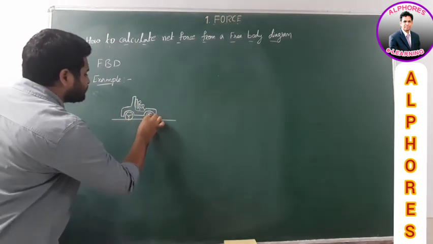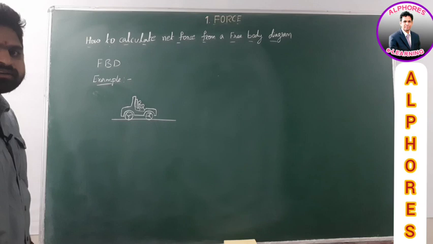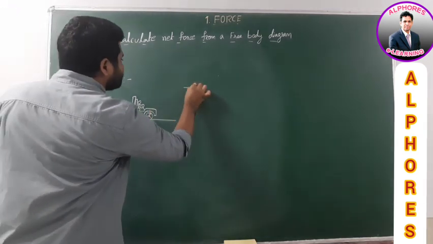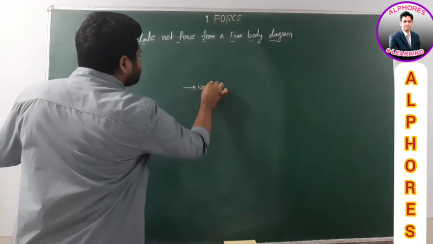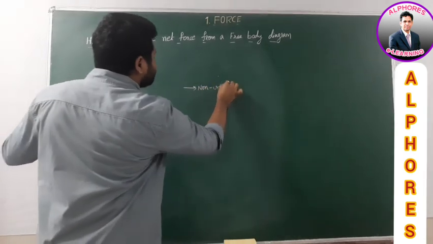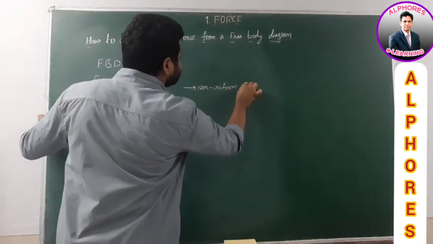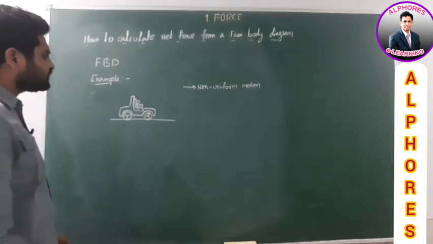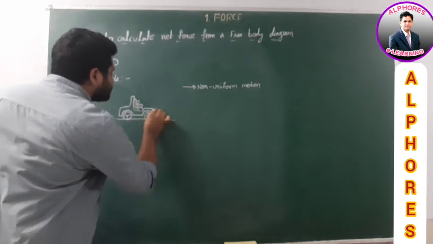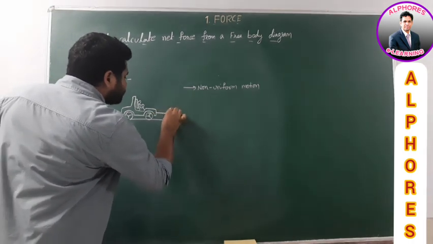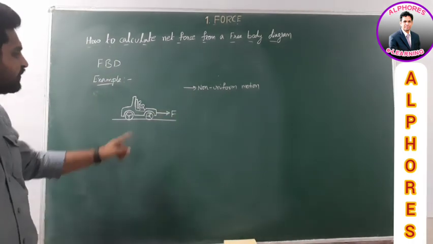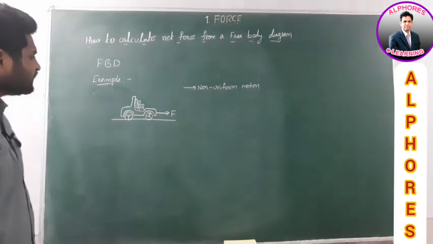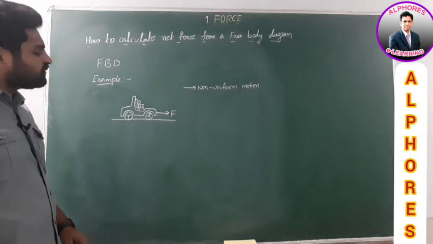Let's say the car is moving with a non-uniform motion. Non-uniform motion means the car is moving with an acceleration. With the help of this engine force, the car is moving with a non-uniform motion here. Of course, it is an example of a moving car.